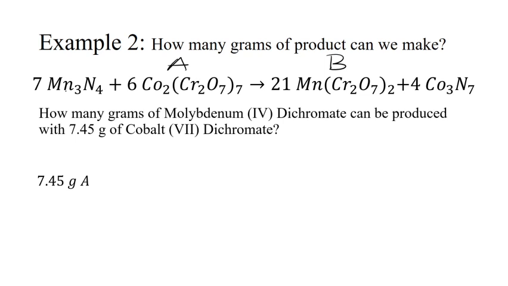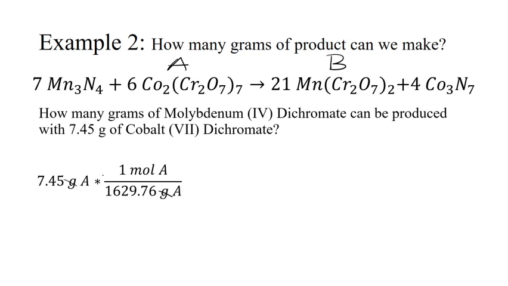So for doing this, we're going to use the molecular mass of cobalt 7-dichromate, which, as you remember, we add up the mass of all the atoms in that molecule, and we get 1,629.76 grams. And remember, we want this to be on the bottom so that grams cancels out. Now we are in moles.